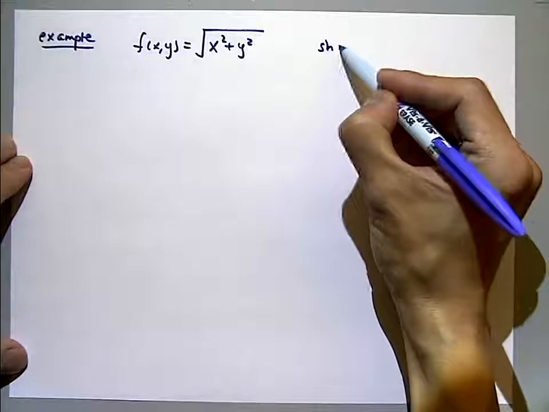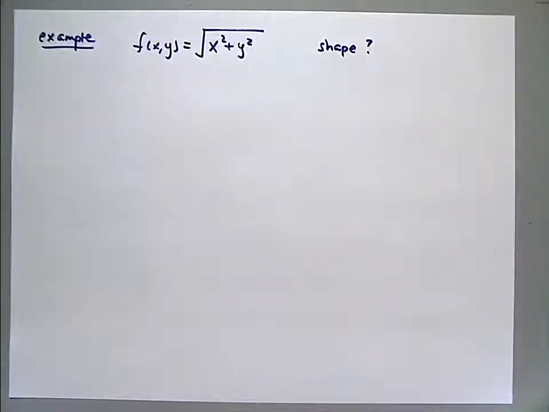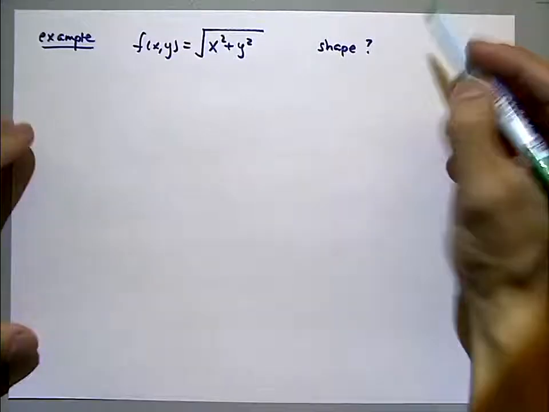What shape is this? This is a standard one that you should know. Did you say something? No? Okay, who knows? What's the shape? Cone. Right.